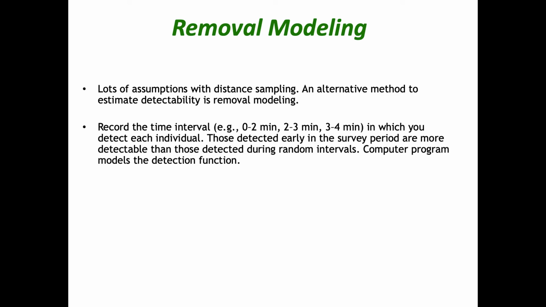We're going to do a 6-minute count in the field, and we're going to record independently those individuals we first detect in the first 2 minutes, in the next 2 minutes, and in the final 2 minutes of the count. If after we amass lots and lots of data about this, we find that there are some species that consistently show up early in people's counts, that means that those species are highly detectable, more detectable than other species.